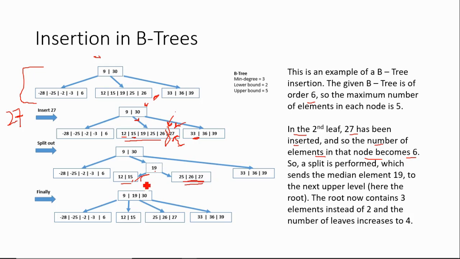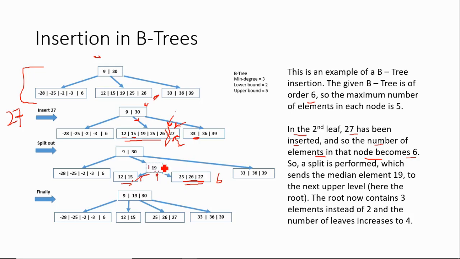Out of this arrangement, we take the middle element, which is 19. Here 6 by 2 is 3, and they have taken the smallest one. They may have taken 2 or 3, but they have taken the smallest one, so it is 19.